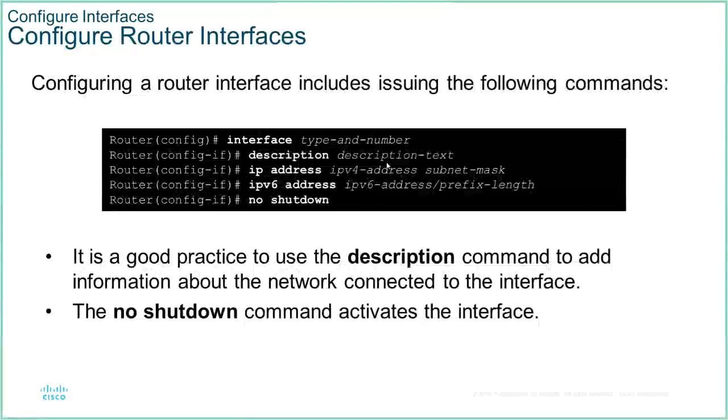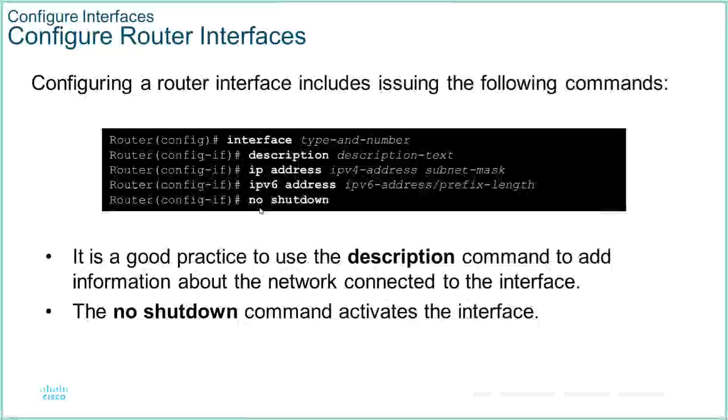Then you set the IP address with the IP address for your gateway. Alright, so remember that an interface on a router is basically your gateway address for all the other devices, and the subnet mask. Now, if you're using IPv6, you put IPv6 address and the hexadecimal address and the prefix notation.